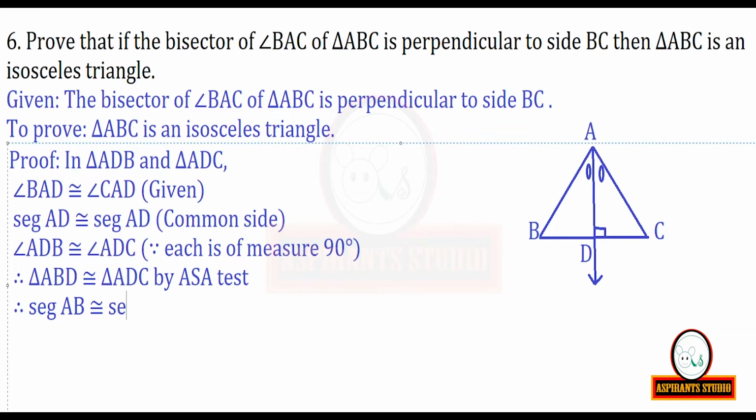Now segment AB is congruent to segment AC. Therefore triangle ABC is isosceles. Hence we prove that triangle ABC is an isosceles triangle.